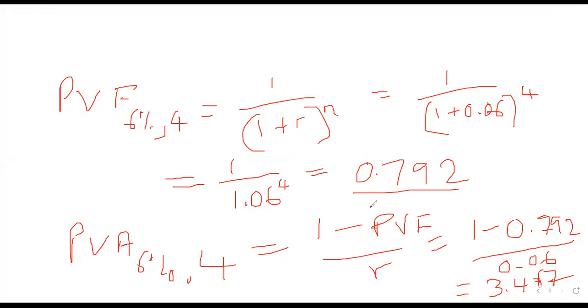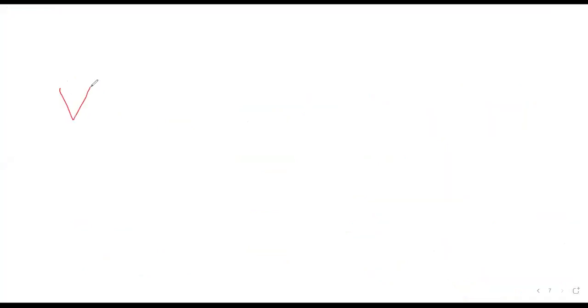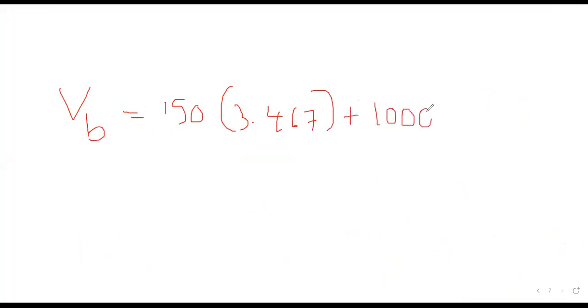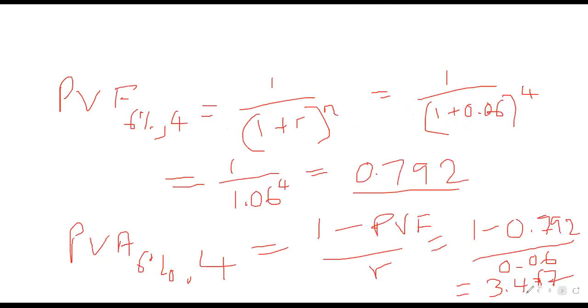So now you go to the value of the bond. The coupon value we found 150. The annuity factor 3 point what? 4, 6, 7. Then the 1000 here, the maturity value. Then the interest factor we found 0 point what? Interest factor always starts with 0 point something, 0.792.